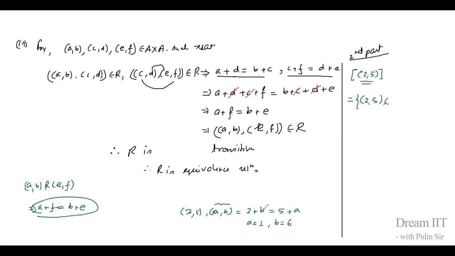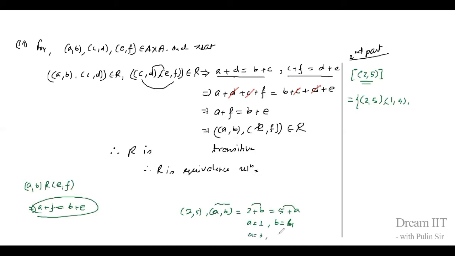Because 5 plus 1 will be 6 and 2 plus 4 will be 6. That means 1 comma 4 will be related. Very nice. Okay, 0 I cannot take because 0 was not there in the set. Minimum value 1 only. a equal to 2 is already taken. Right, so that already is done.